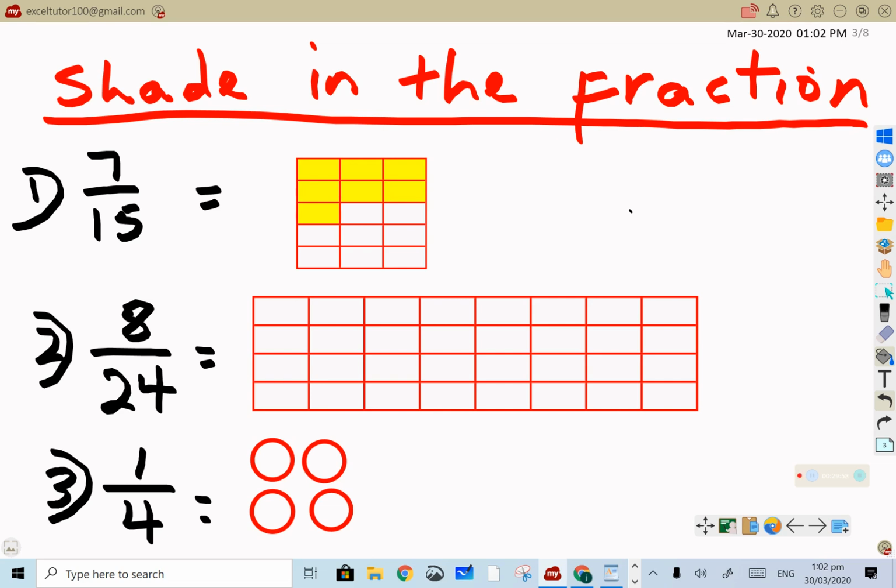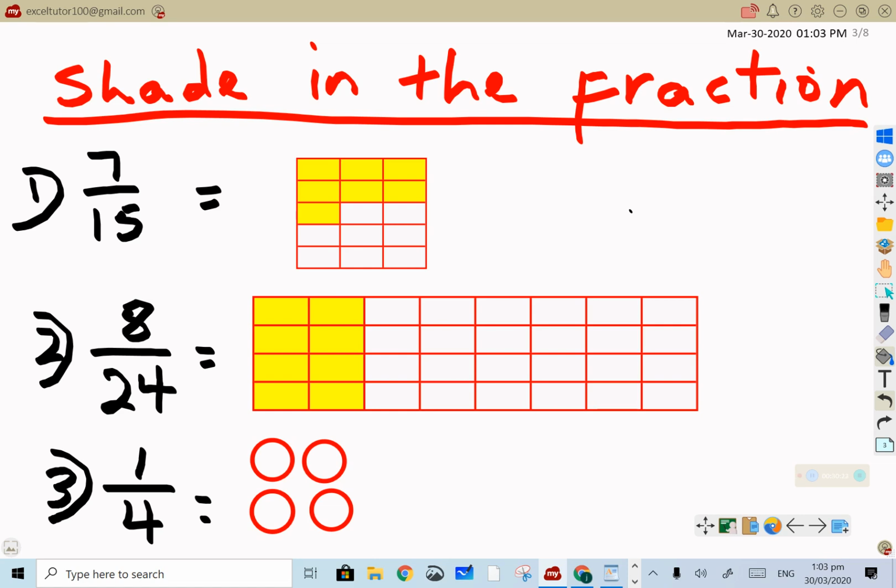And here they asked to shade in the fraction 8 out of 24. 1, 2, 3, 4, 5, 6, 7, 8, and that will be our answer. So some of you have to actually color in your answer that was given to you on worksheets.